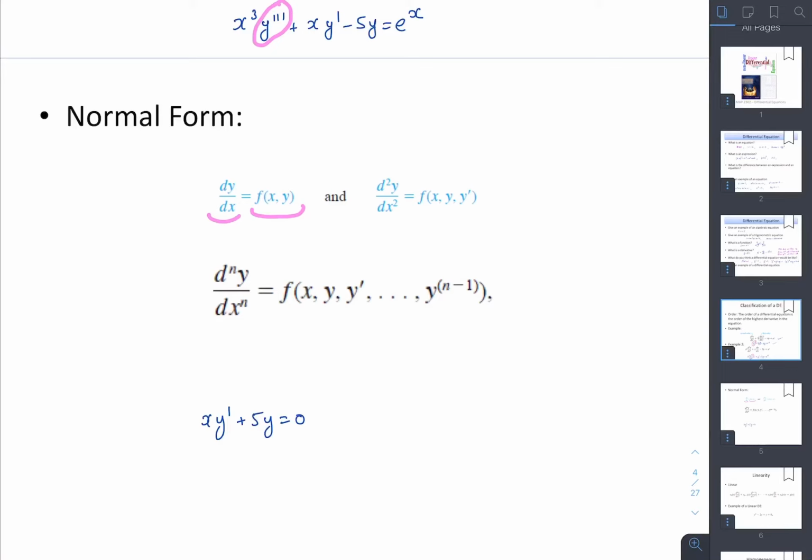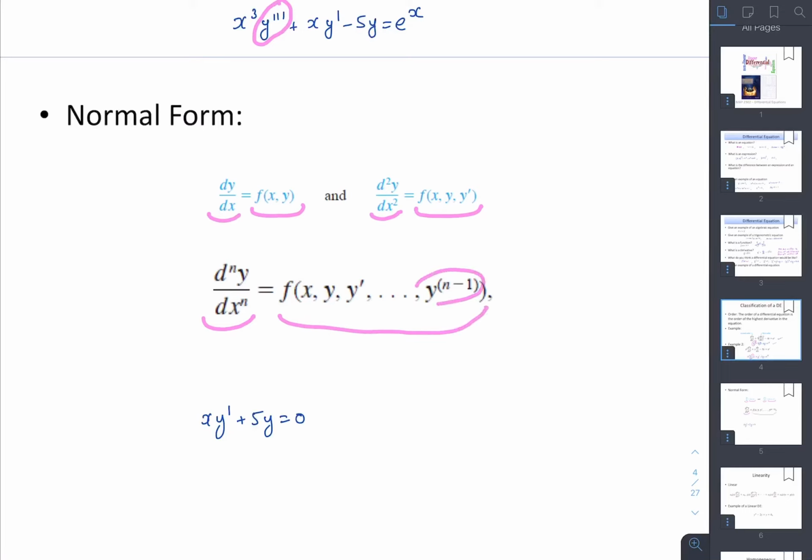For a second order equation, you keep the second derivative on the left-hand side and move everything, including the first derivative, to the right-hand side. If you have an nth order differential equation, you keep the nth derivative by itself, no coefficients, nothing multiplied, and you move everything else, all the way up to the n minus 1th derivative, to the other side. This is called the normal form.